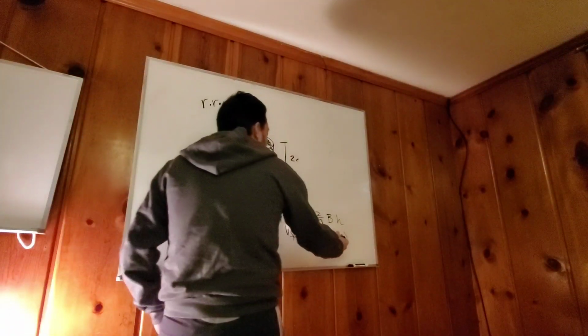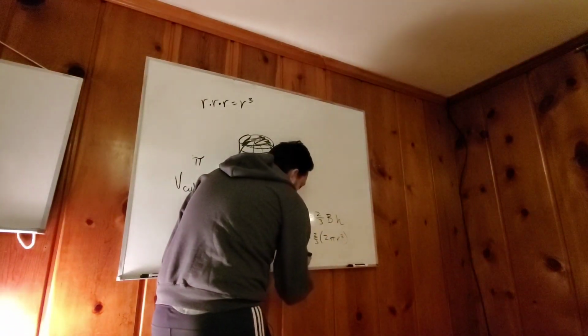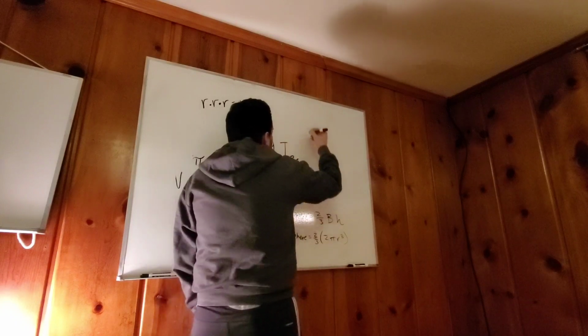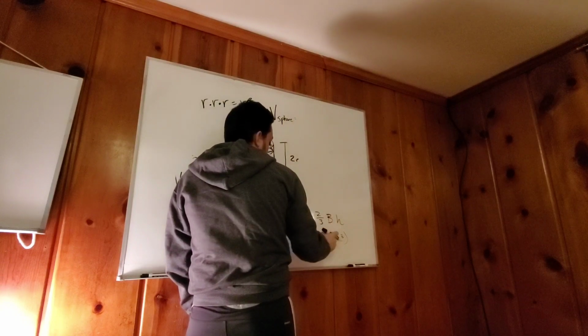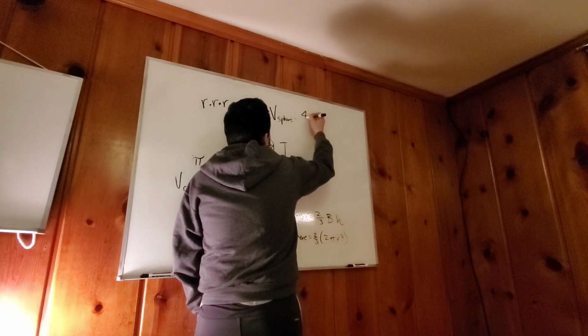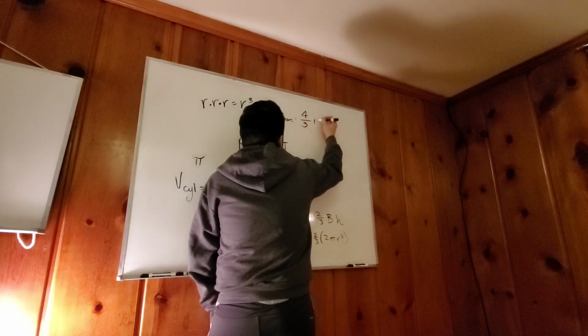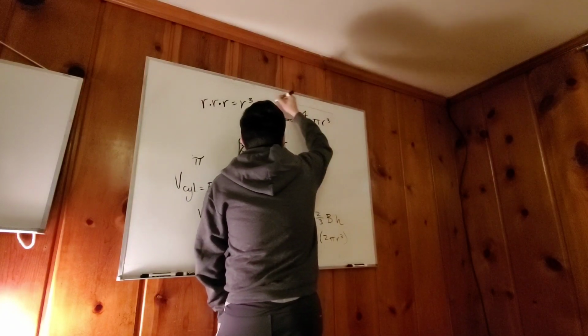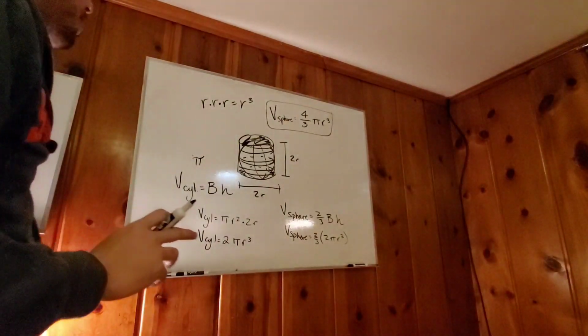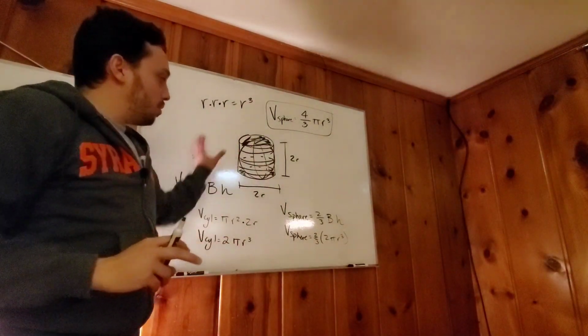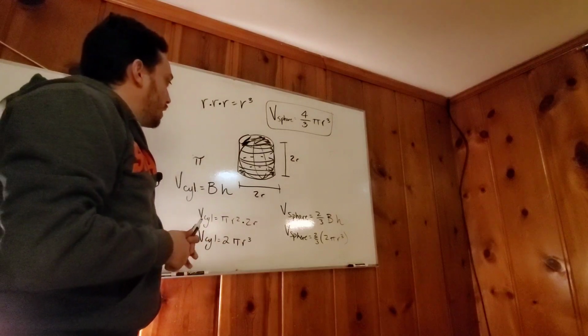Now, what is 2/3 times 2? 2 times 2 is going to be 4/3 pi radius cubed. That is the formula for the volume of a sphere. And that's how we get it from this little explanation right here.